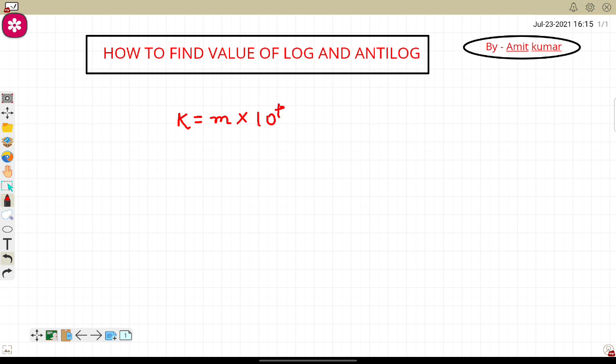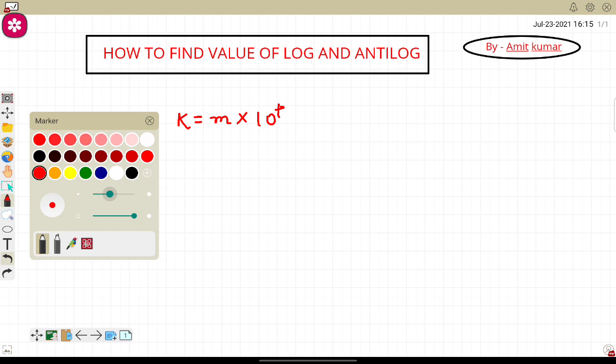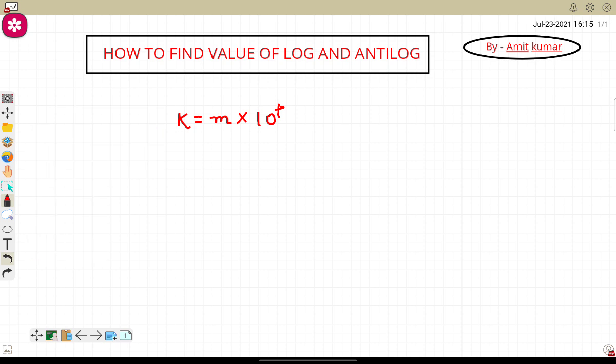Means we can represent any number k in the form of m into 10 raised to the power p, where m must lie between 1 and 10 and p is some integer. This p is called characteristics. We already discussed in the first video of log, so you can check.